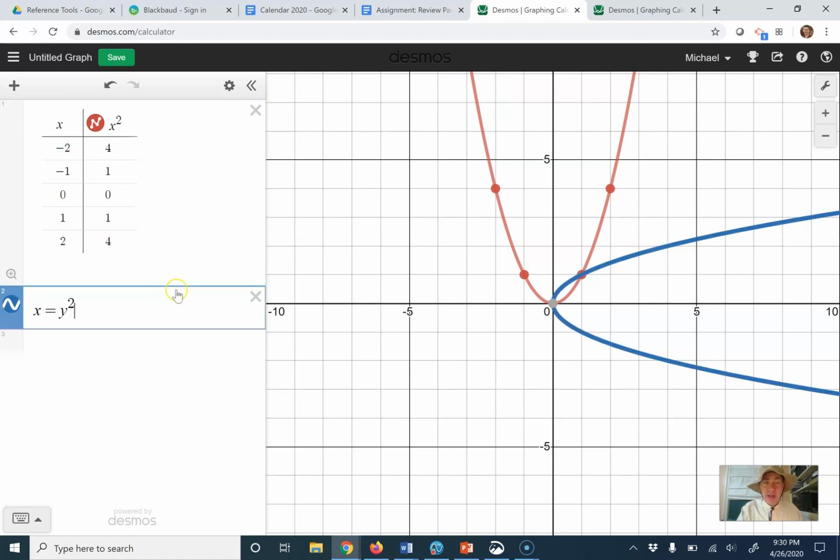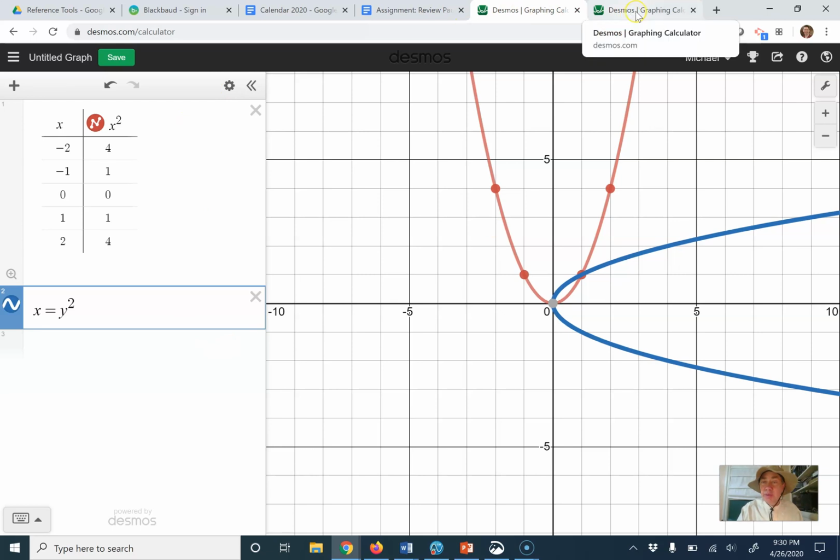The points on the inverse, you switch x and y. 4, -2 is a point on this graph. Likewise, 1, -1, 0, 0, 1, 1, and 4, 2. All points on the graph.